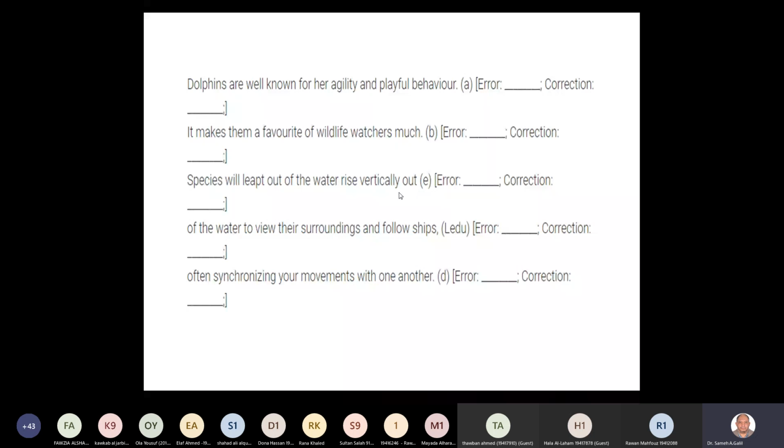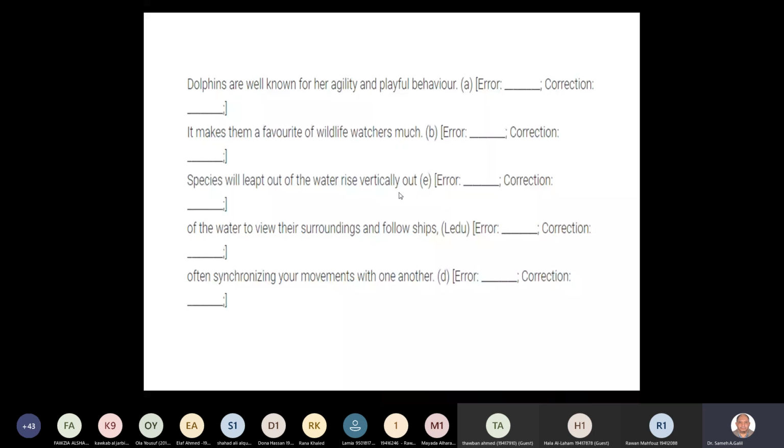So you talk about behavior on one hand, and you talk about agility on another. So you don't have to change agility, which is a noun, and use it as an adjective. The two possibilities are correct, by the way. So you can say dolphins are well known for their agile and playful behavior, or you can say dolphins are well known for their agility, the fact that they are quick, and they are also well known for their playful behavior.